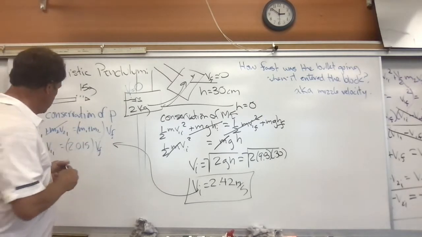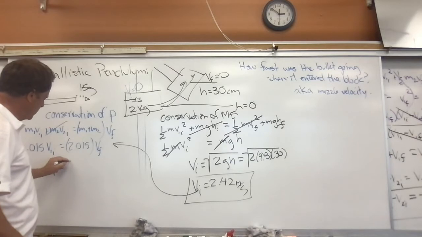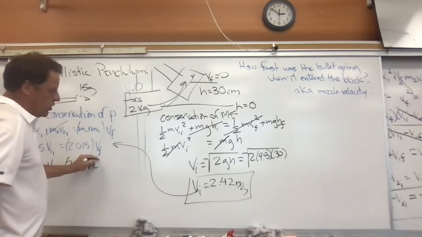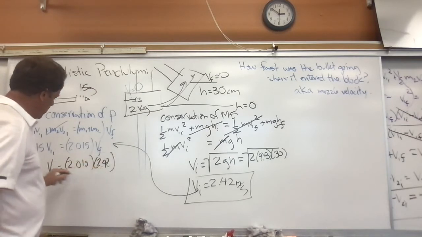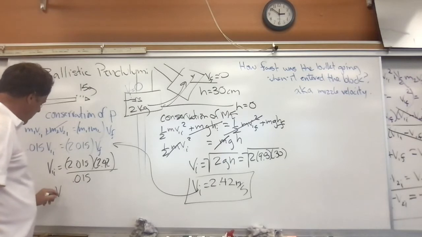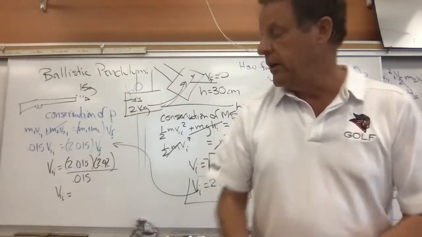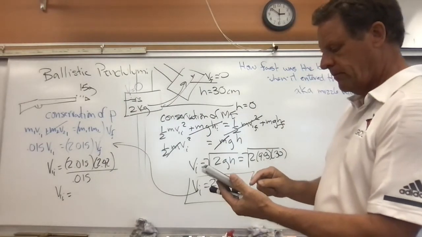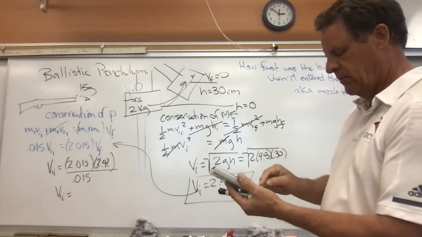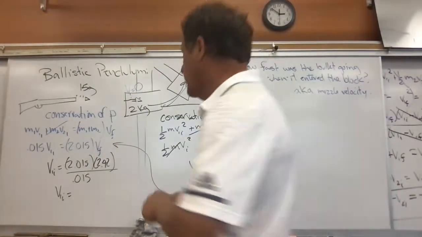And now it's going to be easy because now we can just say v1 initial is equal to 2.015 times our 2.42 divided by our mass, which is 0.015, and our final velocity there ends up being 326 meters per second.